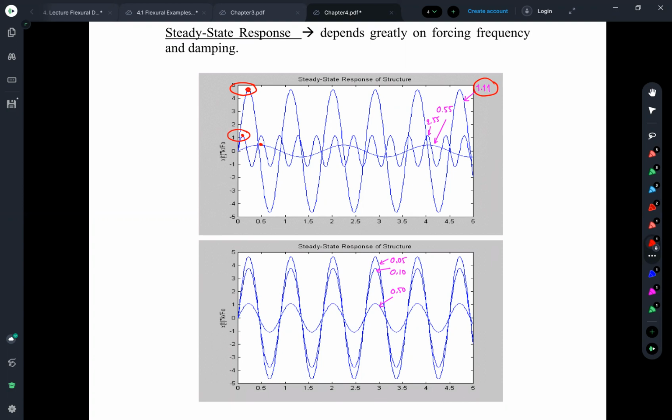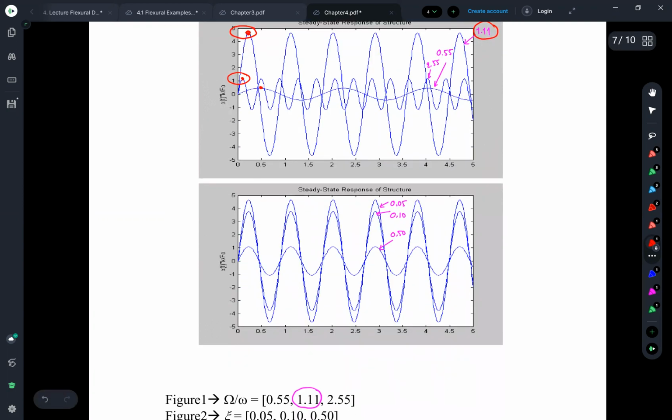The second plot shows the effect of damping. And this effect, you see, depends on the damping value. If your damping is 5%, it is the largest curve, right? The largest, this one, 5%. The amplitude is quite high. If you increase the damping of your building to 10%, you get smaller vibration. And if you can have a damping of 50%, the vibration is very, very small.